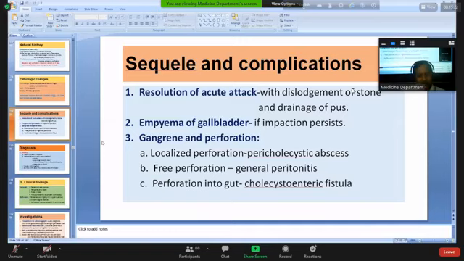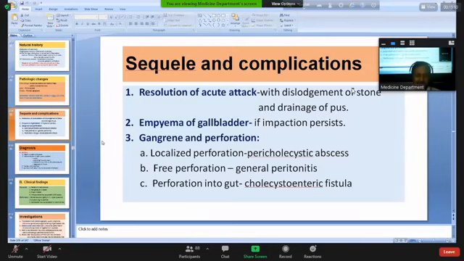If the obstruction at the neck of the gallbladder persists, the infected material cannot drain out. There will be accumulation of pus in the gallbladder, and the condition is called empyema of the gallbladder. And lastly, there might be gangrene, necrosis of part of the gallbladder because of lack of blood supply.